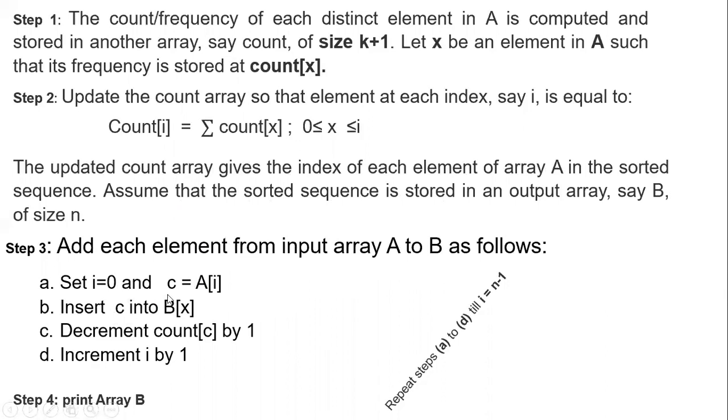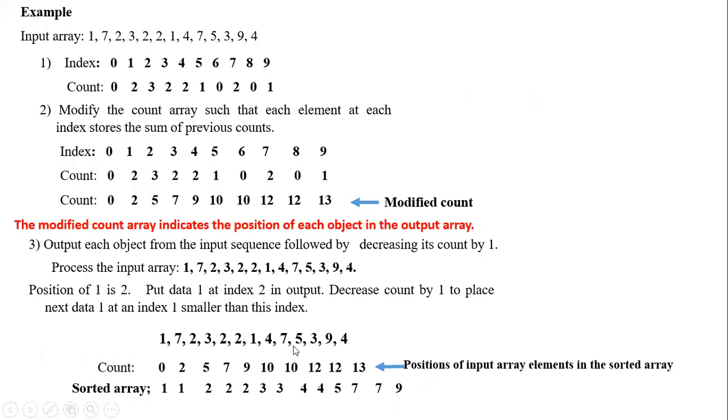We insert the element from array A into B at the position given by count of x, decrement the count by 1 and increment i by 1, so we go to the next element of A and insert it at the specified position, decrement the counter, etc. We repeat these steps until the whole array A is scanned.